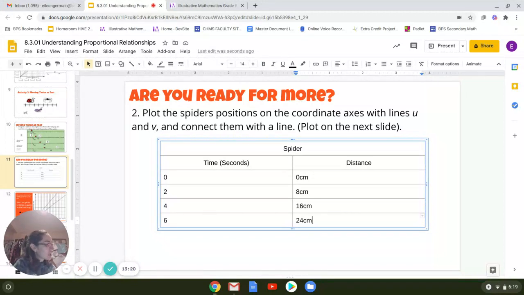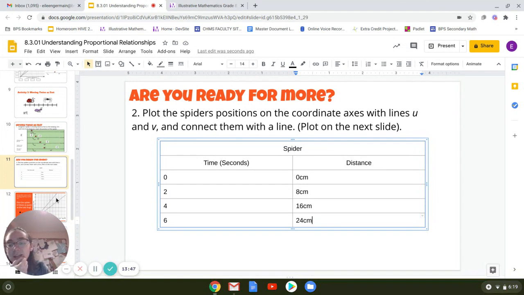So my suggestion, what I'm doing is, you can easily flip back and forth between these 2 slides. That's completely fine. I'm just writing them down for myself so that I don't have to keep flipping back and forth. So I'm just writing down 0, 8, 16, and 24 centimeters. I just wrote it like this, not a big deal.